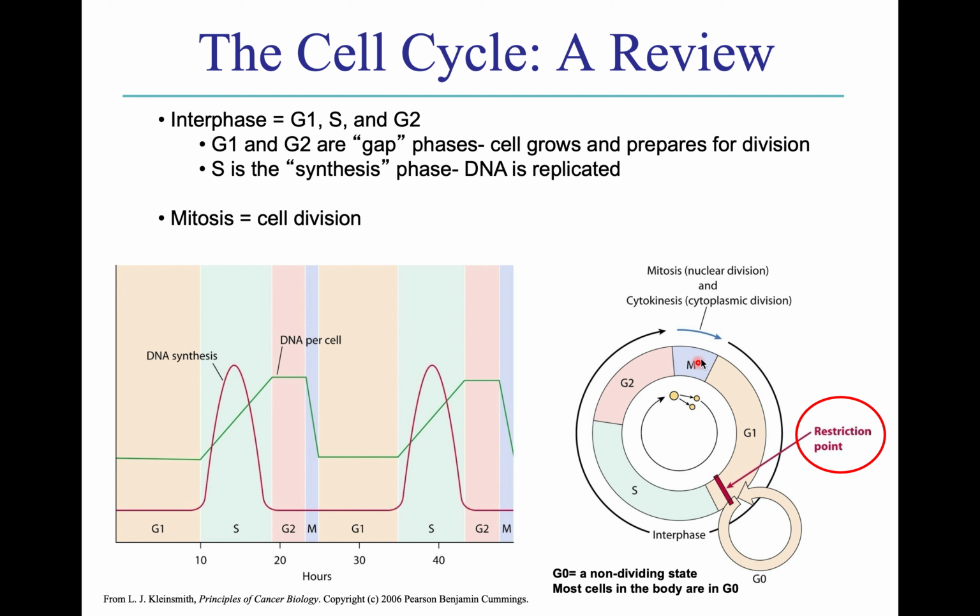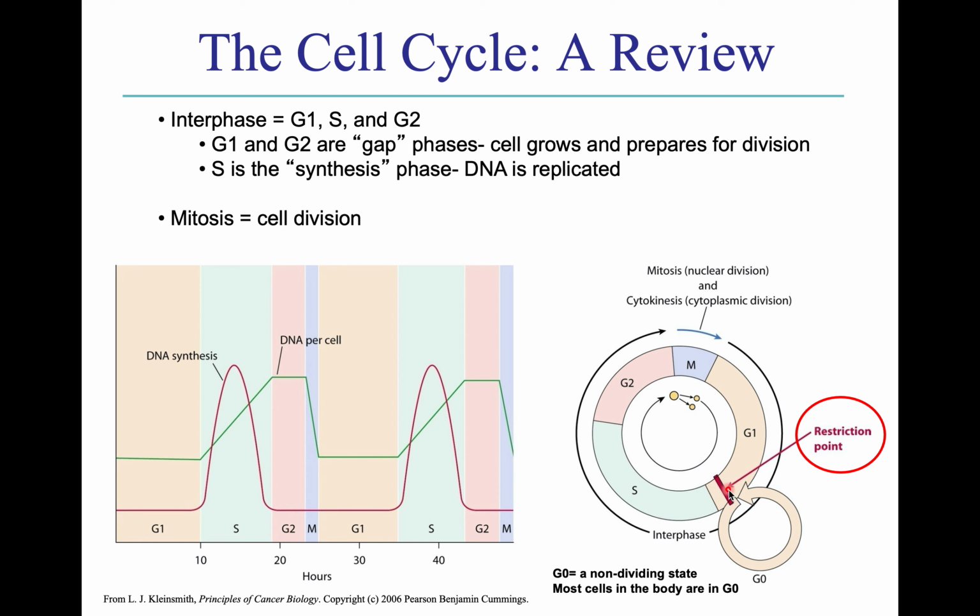You've got your mitosis, your cell division, and then interphase, which consists of G1, S, and G2, S being synthesis phase, right, where DNA replication is occurring. And I wanted to illustrate here, you see this red line, this is an example of a checkpoint. This particular checkpoint is referred to as the restriction point, arguably maybe one of the most important cell cycle checkpoints.